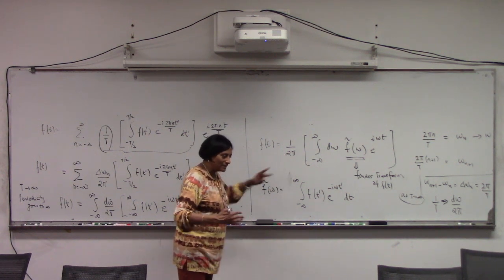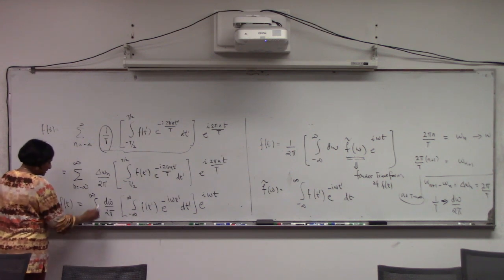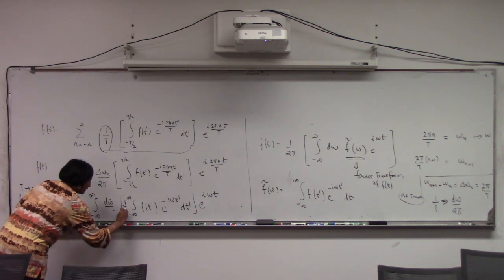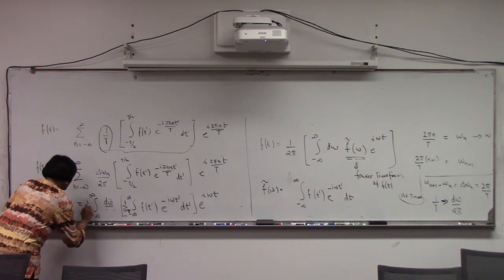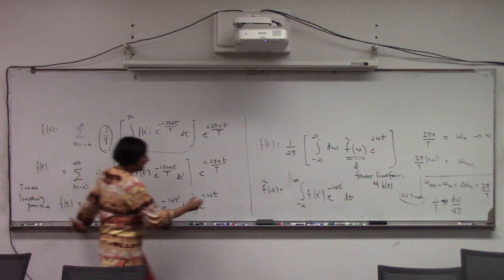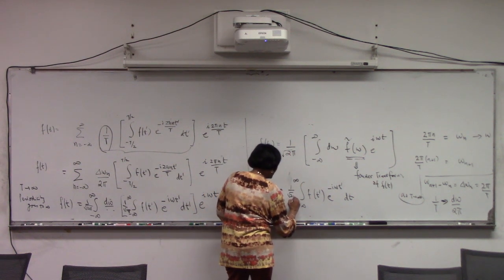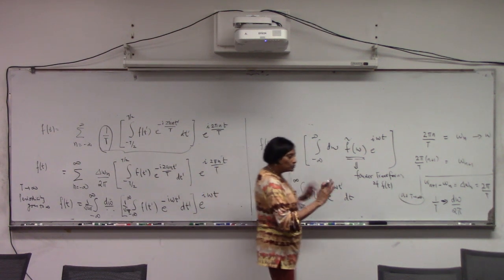It's a multiplication factor, right? Nobody says why. I can put 1 over 2 pi here, and I can have 1 over 2 pi there. So in the definition of f of t, I could have had it like this, where f tilde is defined like that. It is up to the user in a given problem.